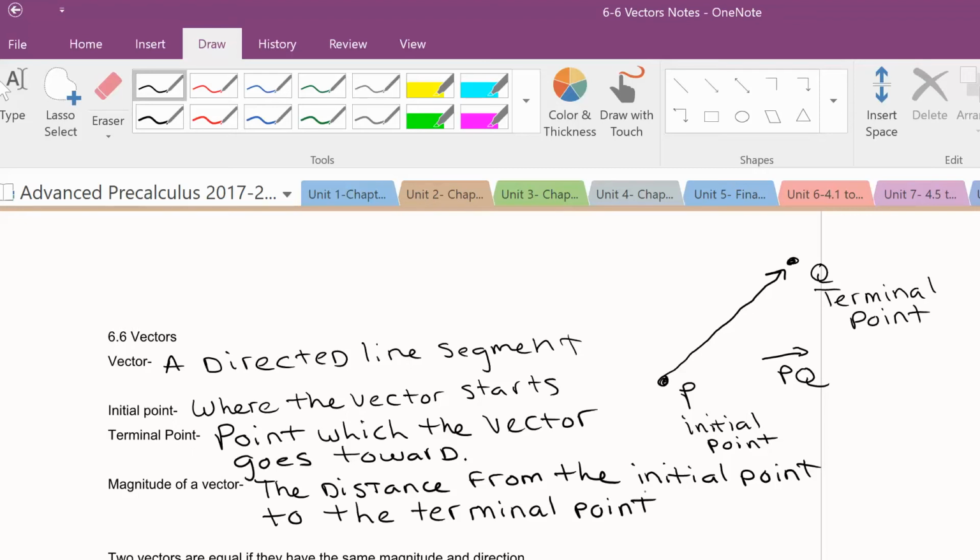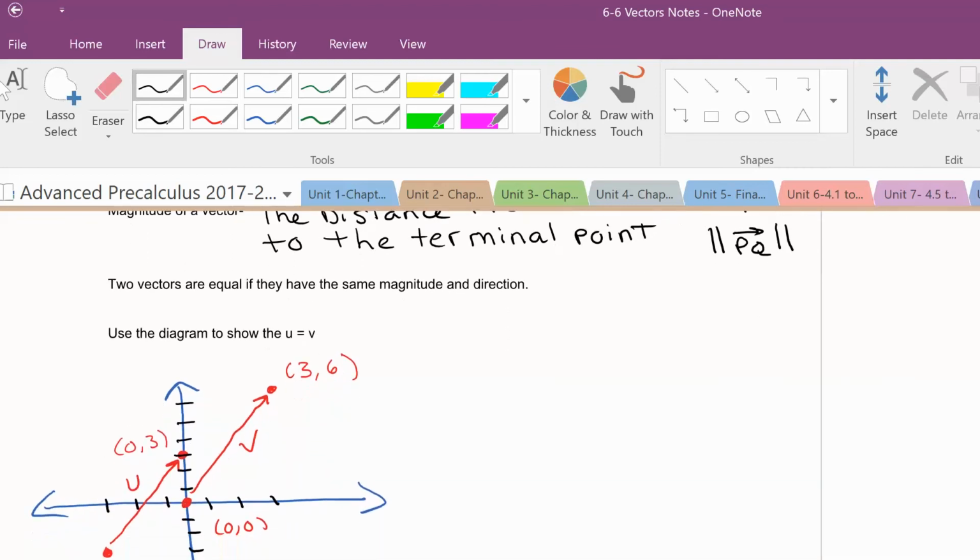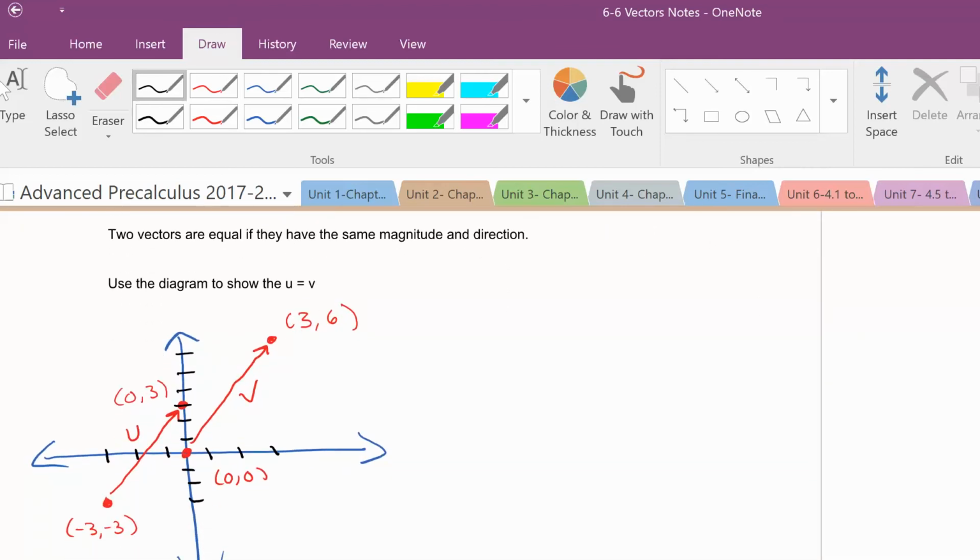And when we talk about magnitude, we write it like this. That is magnitude. That means magnitude of the vector. Two vectors are considered equal if they have the same magnitude and direction.